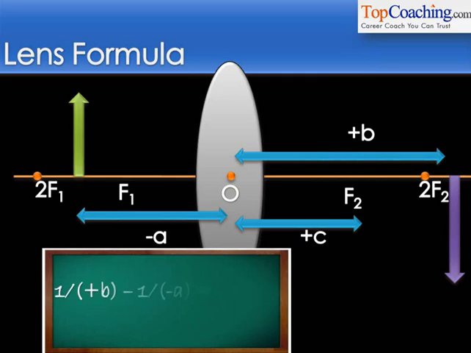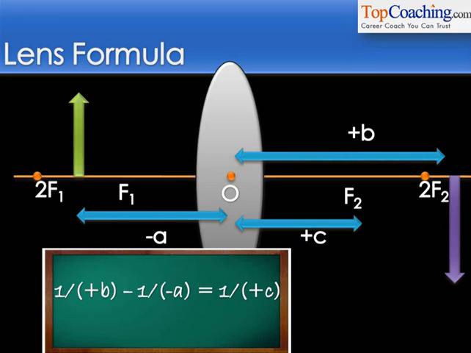So the lens formula can be applied: 1 by v, the image distance is plus b, minus 1 by u, the object distance is minus a, equal to 1 by f, the focal length is plus c. Understood? So this is the lens formula. Of course, as we solve some problems, you will understand the lens formula and its application in a much better way.